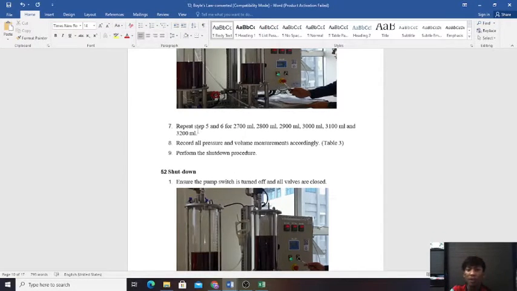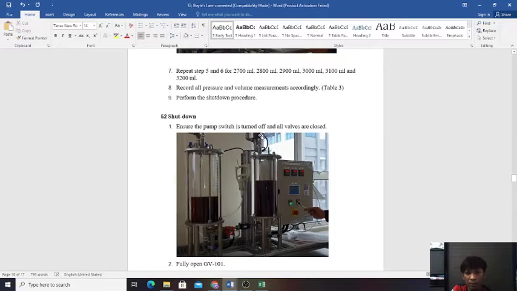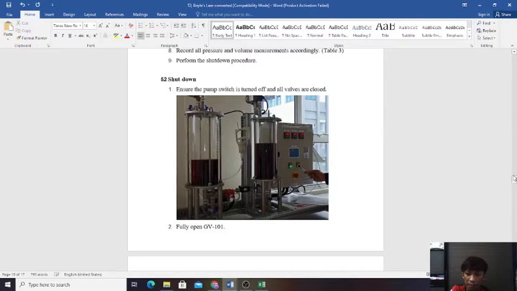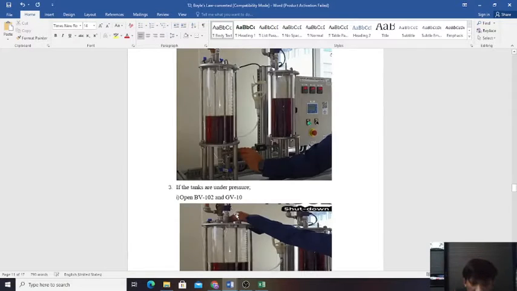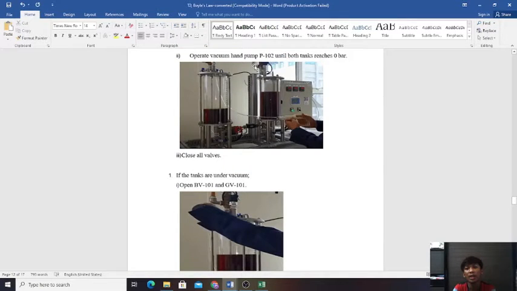Perform the shutdown procedure. For the shutdown procedure, first ensure the pump switch is turned off and all valves are closed. Fully open GV101, and then if the tanks are under pressure, open BV102 and GV101, and then operate vacuum hand pump P102 until both tanks reach 0 bar, and then close all valves.